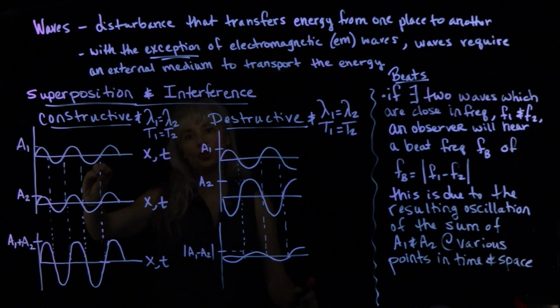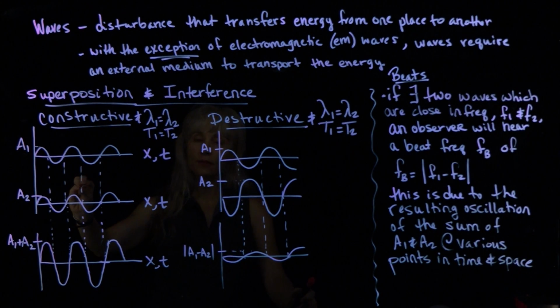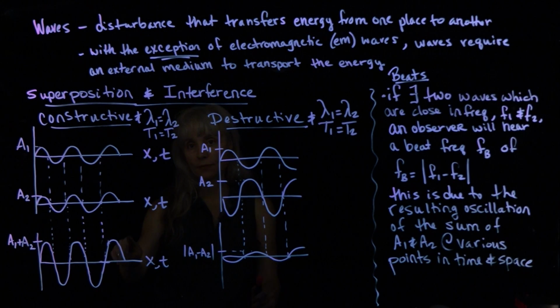So if these two waves, lambda 1 and lambda 2, exist in the same space at the same time, with crests that overlap and troughs that overlap, what we see in that space and time is just the sum of the two waves. The amplitude of this wave that has the same frequency and same period as wave 1 and 2 will now have an amplitude that is the sum of wave 1 and 2's amplitude. This is called constructive interference.